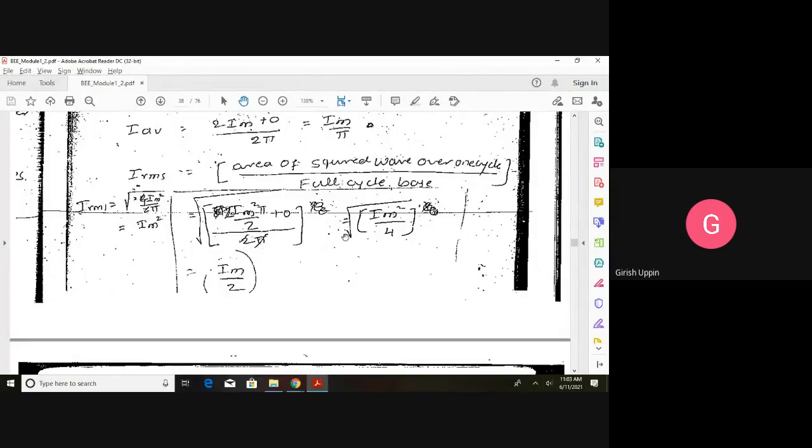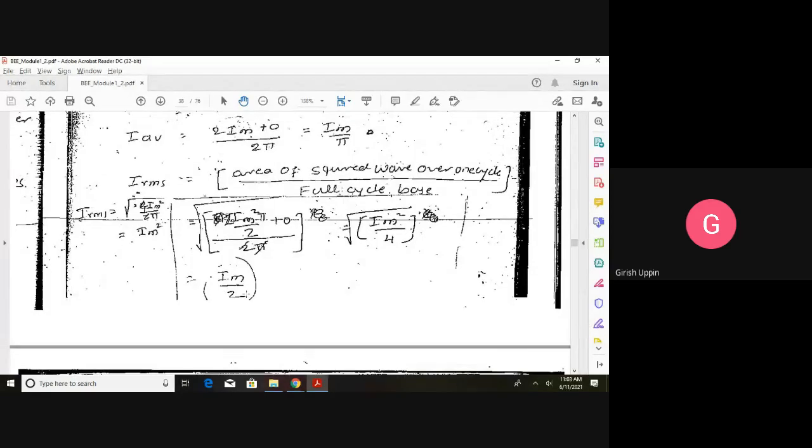What remains is Im square divided by 4, because here 2 is in the denominator and 2 is in the denominator, 2 into 2 is 4. This pi is in the numerator and this is in the denominator, so pi will get cancelled. What remains is Im square by 4, inside the square root. So what is the RMS value? The RMS value of the half wave rectifier is Im by 2.